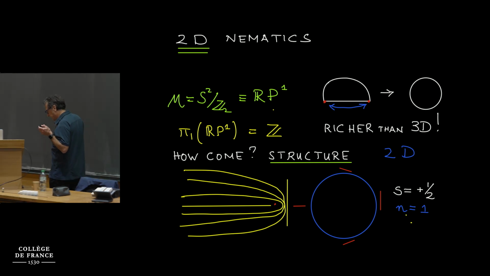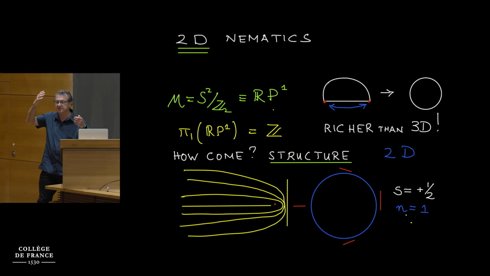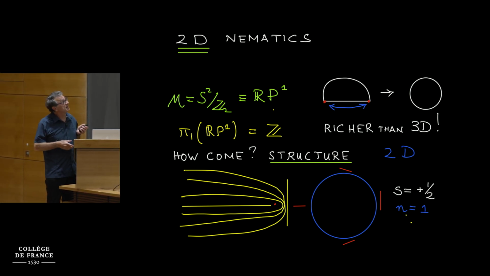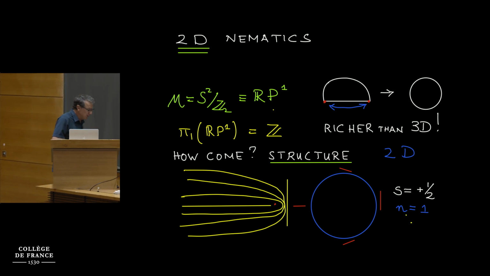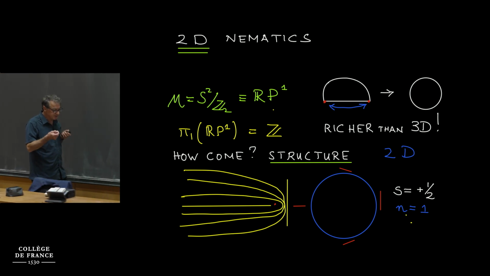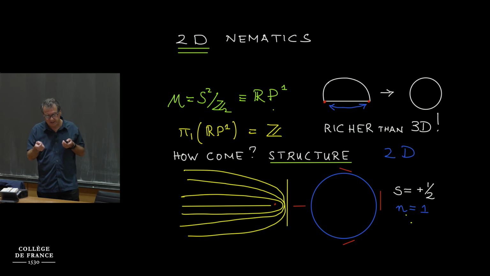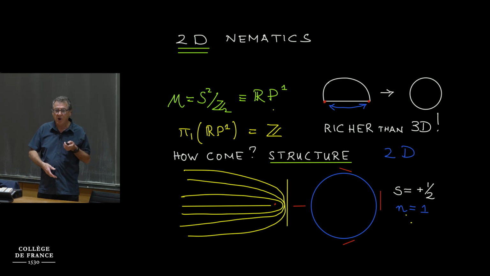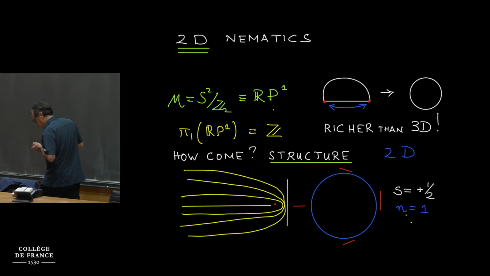Now, in two dimensions, we have a whole set of integers describing the pi 1 topology of the two-dimensional liquid crystal, because we're back to a circle. So now we have not just one, as in 3D, non-trivial disclination class, but a whole infinite sequence of them labeled by an integer.